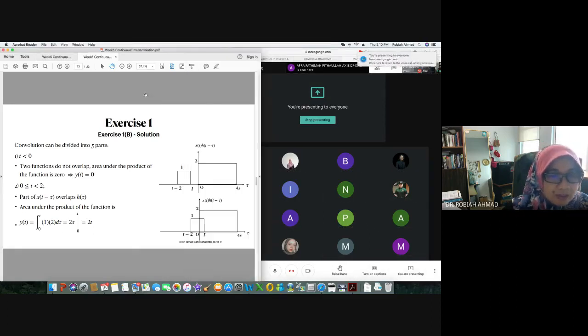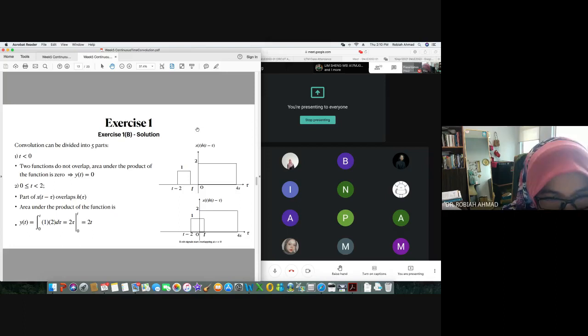Okay, now that we have two signals, one with amplitude 2 and the time is 4 seconds. Another one is amplitude 1, I think, with a time of 2 seconds. So remember the steps for graphical convolution: we have to change the t to tau, and then one of the signals has to be flipped and shifted.